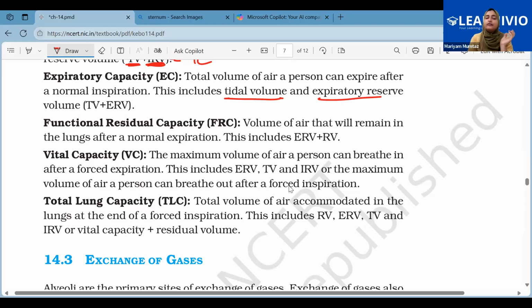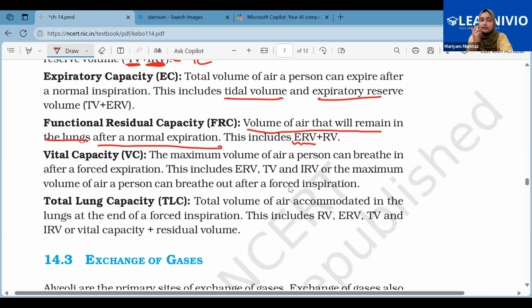Now, moving forward, there is the functional residual capacity, meaning the volume of air that will remain in the lungs after a normal expiration. This amount of air will stay there in the lungs. But isn't residual capacity and functional residual capacity the same thing? It is not the same thing.